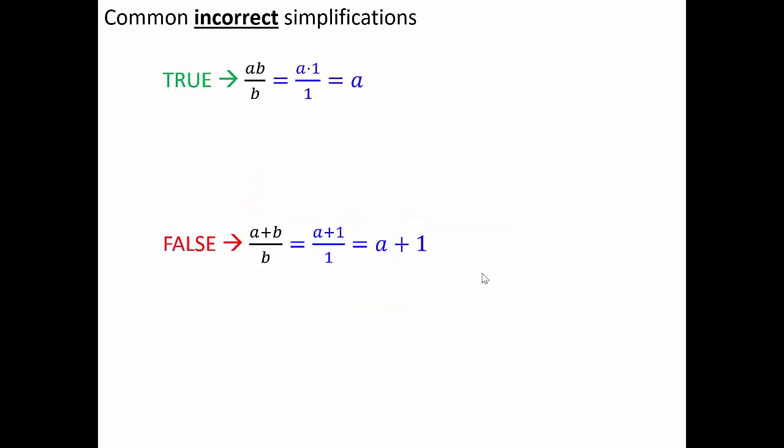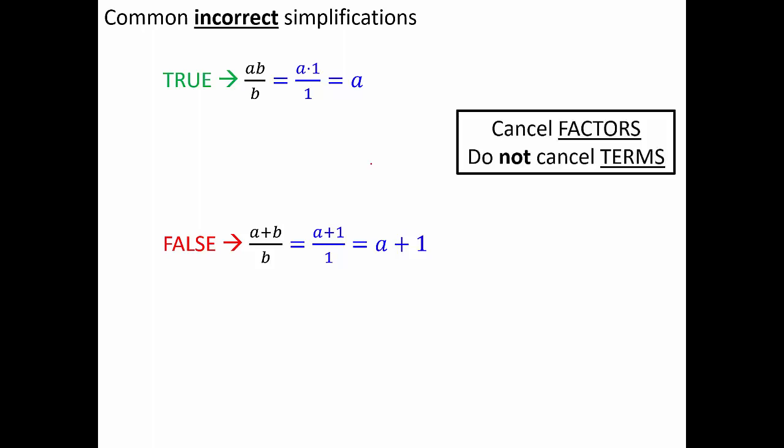Now, the misunderstanding usually comes down to these two situations right here. The top one is, of course, true. The bottom one is, of course, false. The rules for multiplication and the rules for addition are not always the same. The issue comes down to what is meant by that rule that says you can cancel something from the top with something from the bottom.